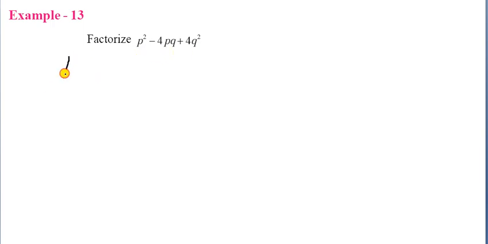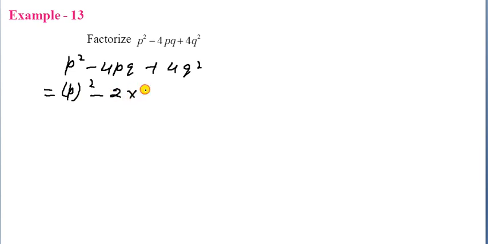It is p square minus 4pq and plus 4q square. Which property is being used? Let us see, it is p square minus 2 into p into 2q and here is 2q whole square.